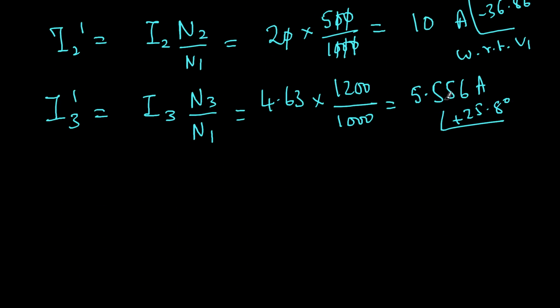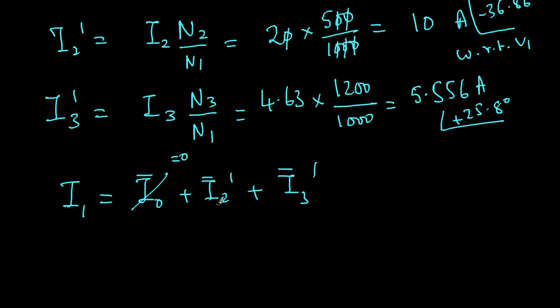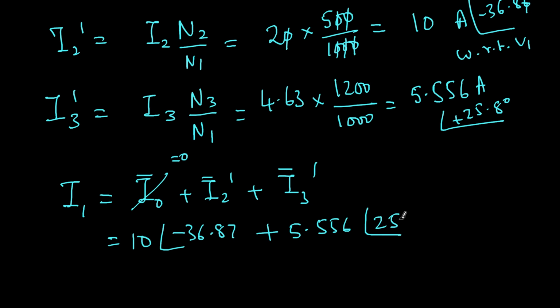So finally now I can calculate I1. Strictly speaking, that is I0, the no load current, plus I2 dash plus I3 dash. I could have given this information in the question, but this is anyway going to 0. So I just have to add these two: 10 angle minus 36.87, plus 5.556 angle plus 25.8.